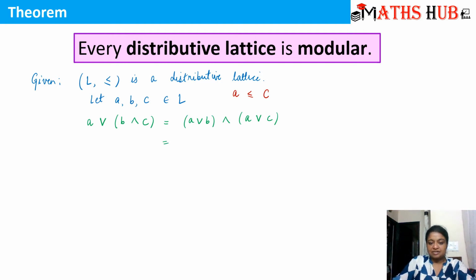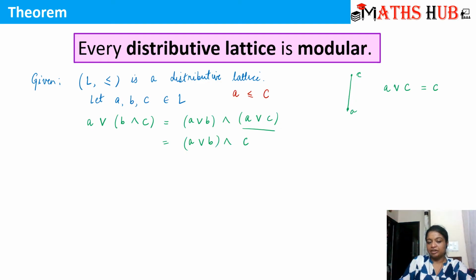Now one relation is given to us, that the element A is at a lower rank than the element C. So according to the Hasse diagram, suppose A is below C, and this is actually the situation because A is less than C, right? So what will happen to the composition A join C? What is A join C? The least upper bound of A join C will be C. So in the next step, I can replace the term A join C with C itself.